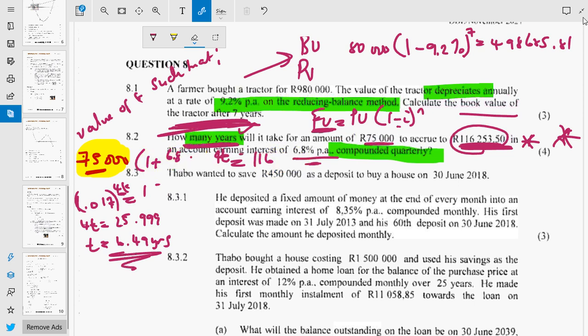Now the next question, they say Tabo wanted to save 450 as a deposit to buy a house on 30 June.